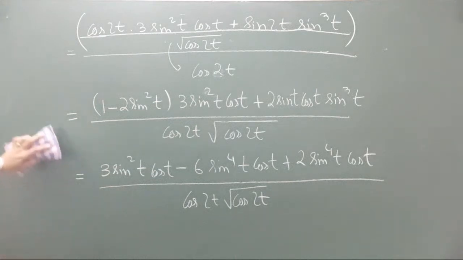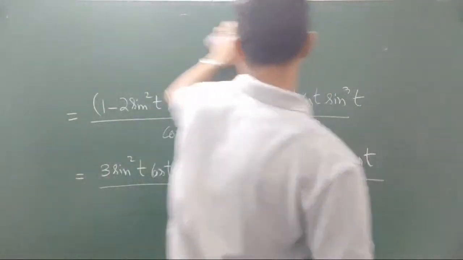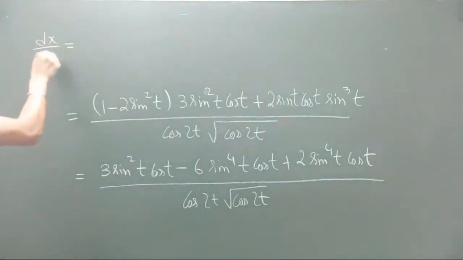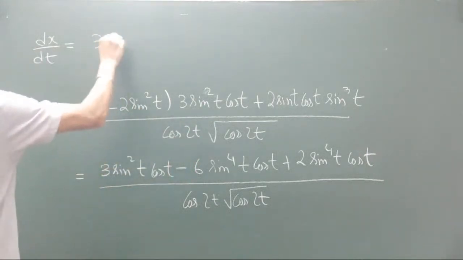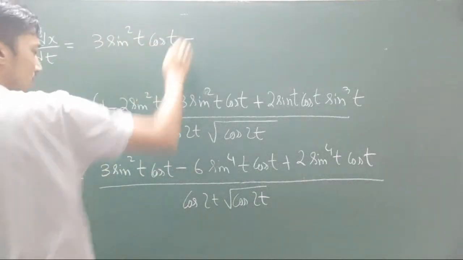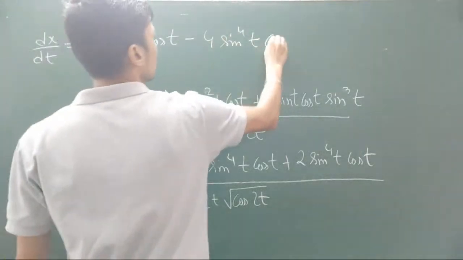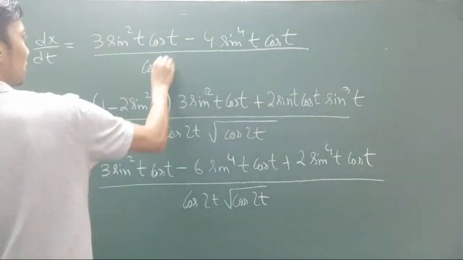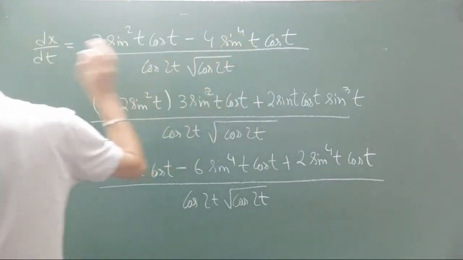So with that done, I guess we will not further simplify because we need to know what the other equation is also. So let's go: 3 sine square t cos t minus 6 to 4 sine power 4 t cos t divided by cos 2t root over of cos 2t.